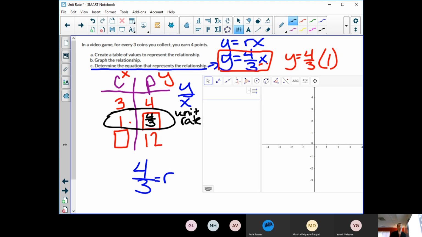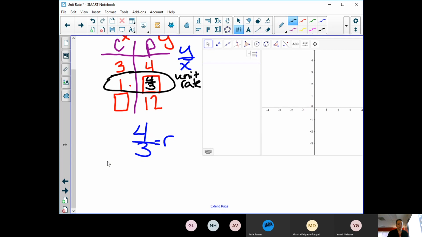All right, now we're going to use it to do our other one. So y equals rx, which is 4/3. And I know my y value, but I don't know my x value. So I'm going to substitute 12 for y. 12 equals 4/3 x.